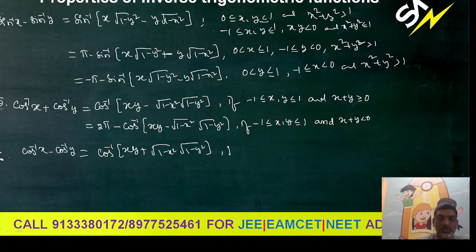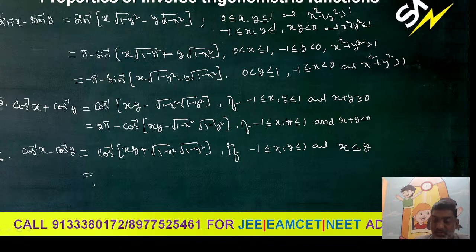So what conditions will come here? If minus 1 less than or equals to x comma y is less than or equals to 1, and x is less than or equals to y.